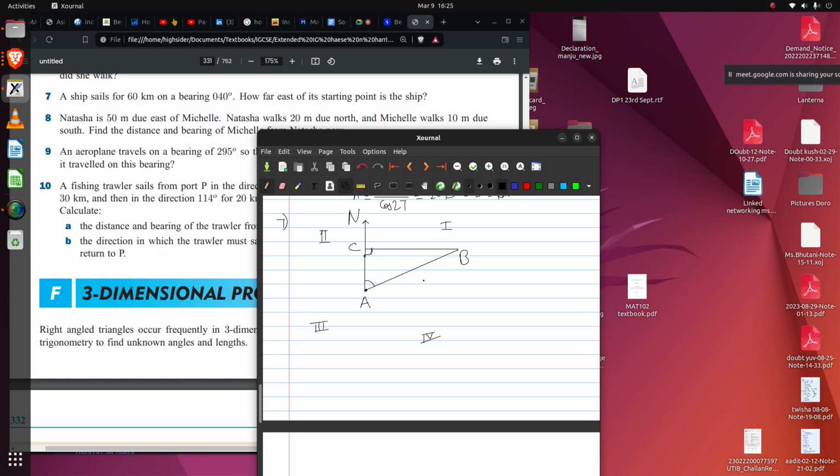So we know that 60 kilometers is there, on the bearing of 40. So would the one labeled north be 40? What do you mean, label north?